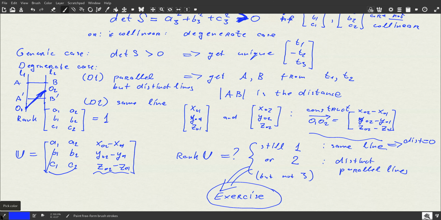As a hint, because the directing vector of each line is known, you project this vector O1O2 onto the directing vector, in a similar way as we did for projecting to a plane. Then you take the difference. The difference would be orthogonal to both lines, and the absolute value of that difference is the distance between lines. So finish it and get formulas.